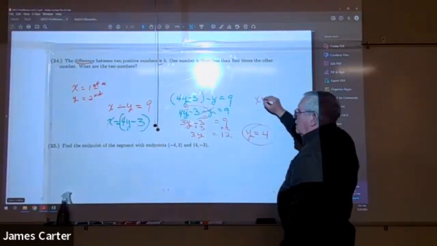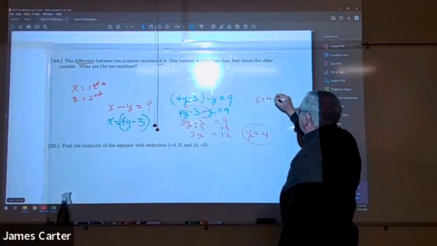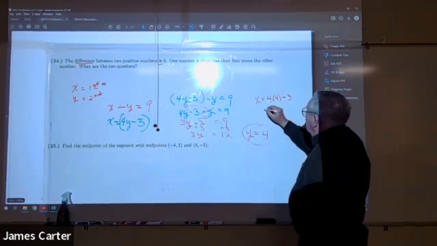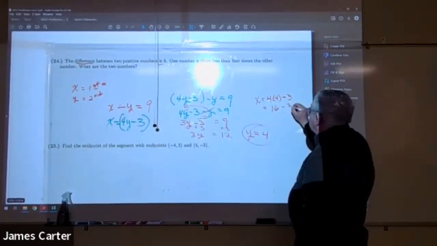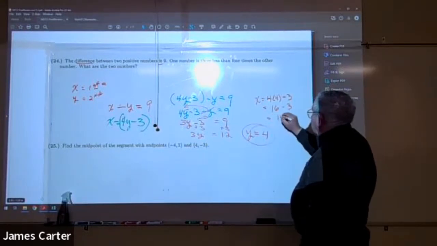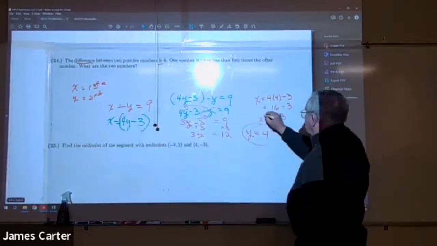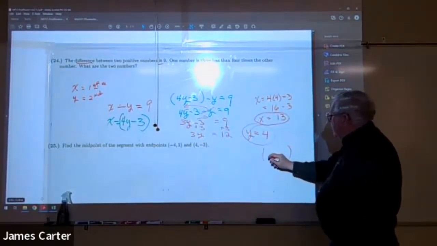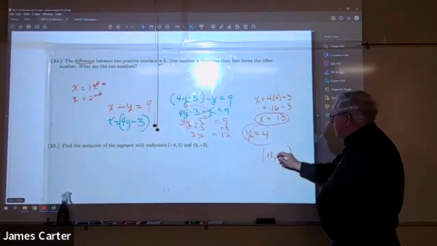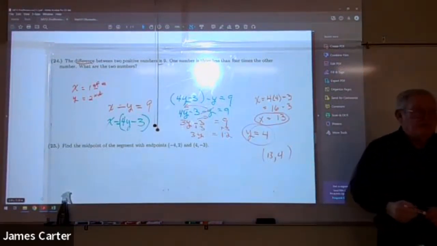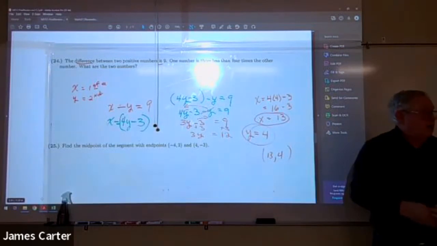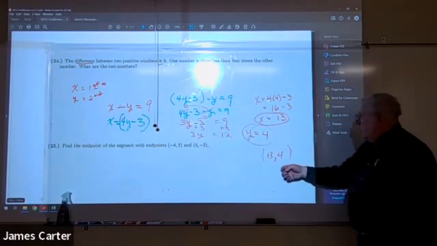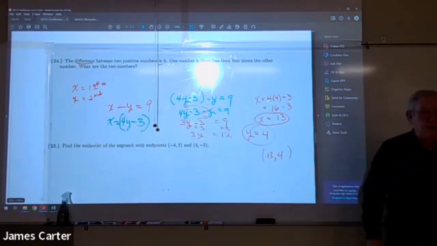So x equals 4 times 4 minus 3 equals 16 minus 3 equals 13. x equals 13, 4. If they tell you to put it as a point coordinate. Even if they don't tell you, if you put it this way, they won't count you wrong.